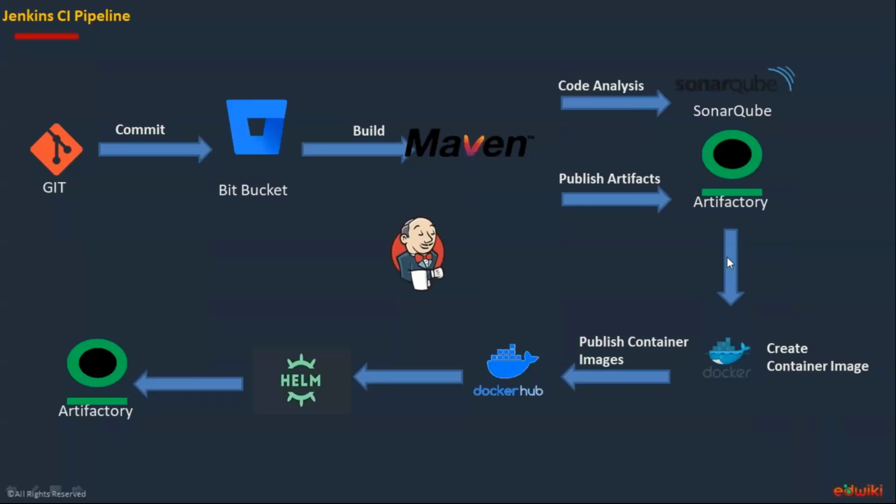Whenever a developer commits source code to the Bitbucket repository, the Jenkins pipeline will take care of running all the required build stages to prepare the deployment-specific artifact, which is the Helm chart in this case.